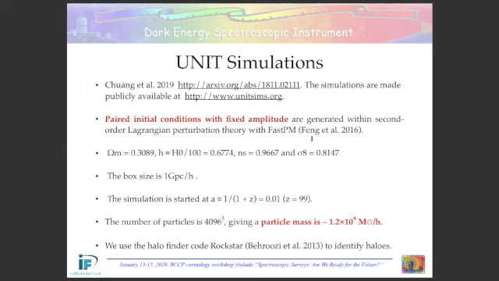For this first comparison of the measurements, we used two simulations, but I'm going to describe just the unit simulations, because they are the ones we are using for the further stages of the measurements challenge. These unit simulations are per initial condition with fixed amplitude. I think someone already described this pretty well. This is a gigaparsec box, and this is the particle mass.